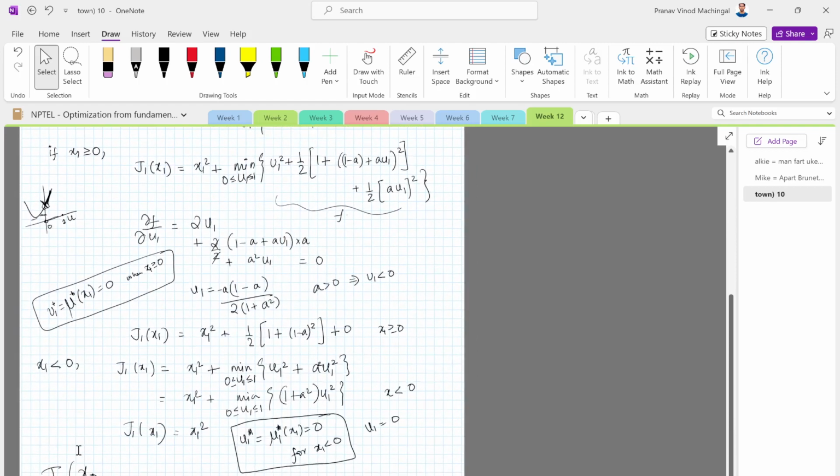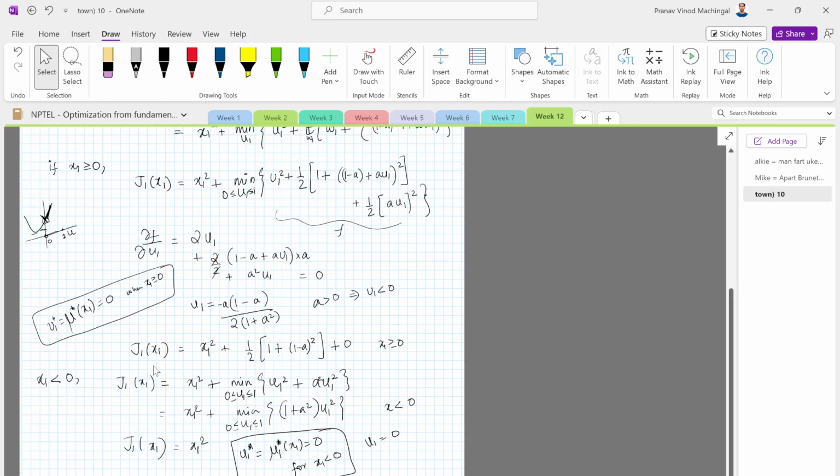So I think that can be computed in the same manner. There's nothing new in that. The same thing that we followed for J1, we have to follow for J0. Okay.